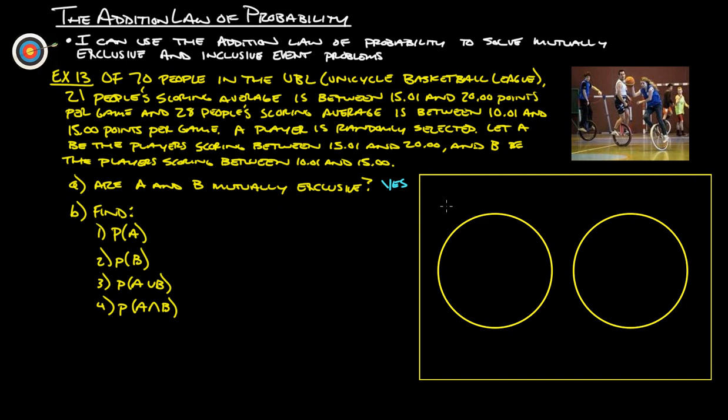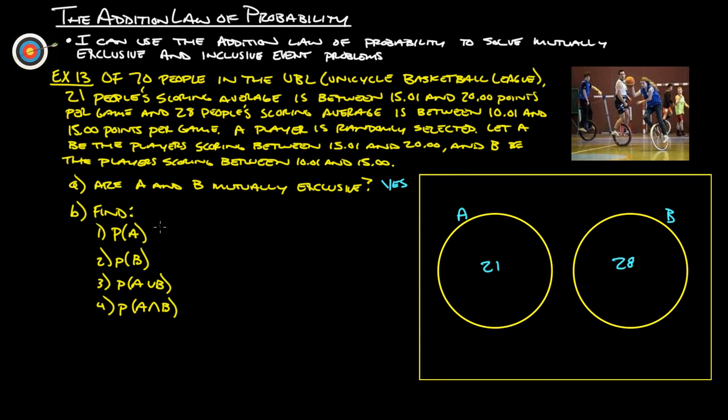Let A be the players scoring between 15 and 20. This is going to be group A, and B is going to be the players scoring between 10 and 15. We have 28 that are scoring between 10 and 15, and 21 are here between 15 and 20. Find the probability that A happens.